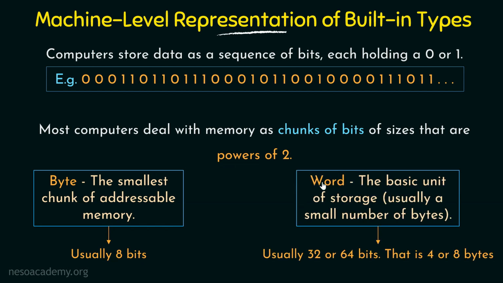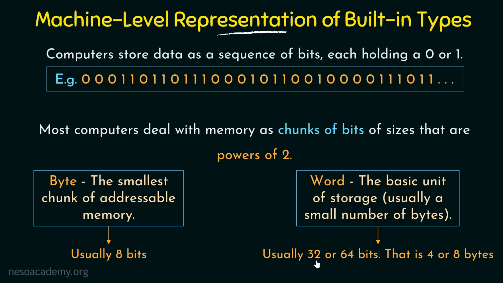Now similarly, we have something called a word. Now what is a word? A word is the basic unit of storage, which is usually a small number of bytes. Usually it is either 32 or 64 bits, which is equal to 4 or 8 bytes. A word is used to represent the basic unit of storage, and what is considered as one word varies from system to system. So usually it will either be 32 bits or 64 bits.